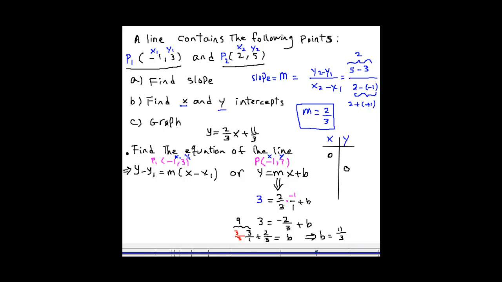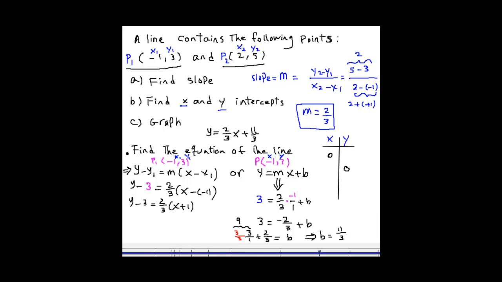So you have y minus your y1 would be 3. Your slope is still 2/3. X minus x1 is -1. So you get y minus 3 is equal to 2/3 times x plus 1.